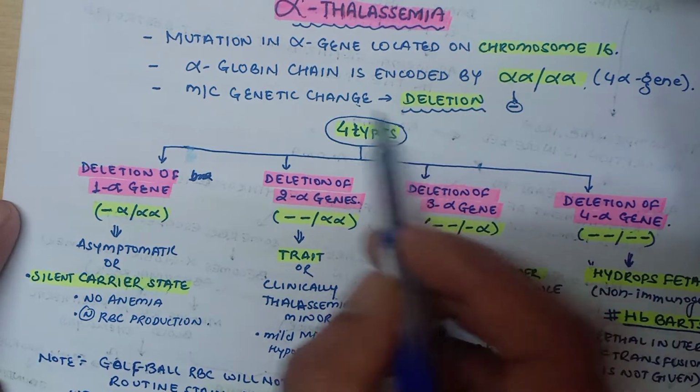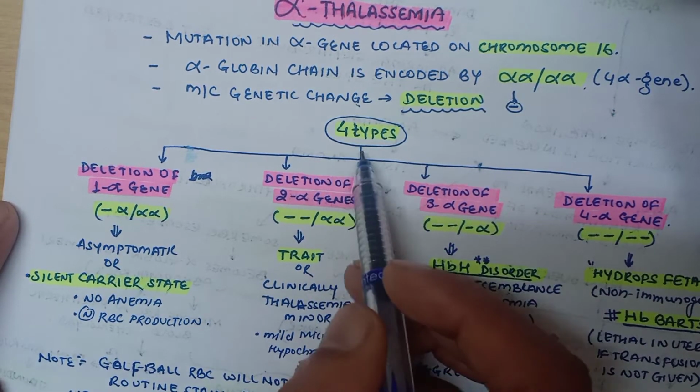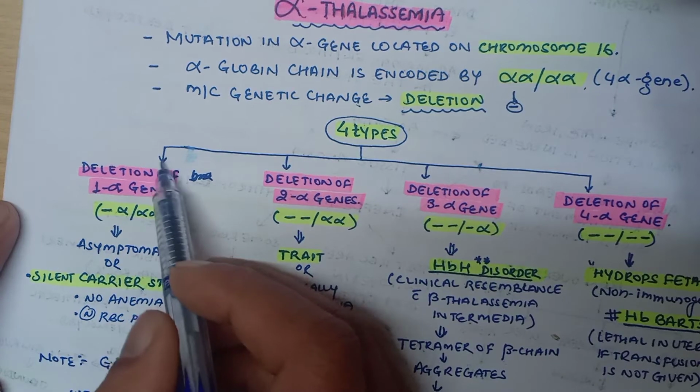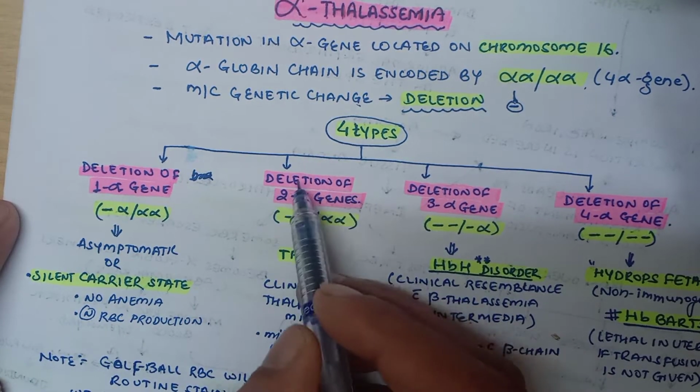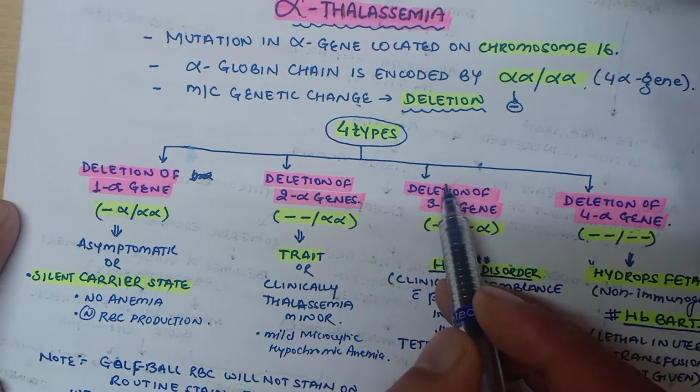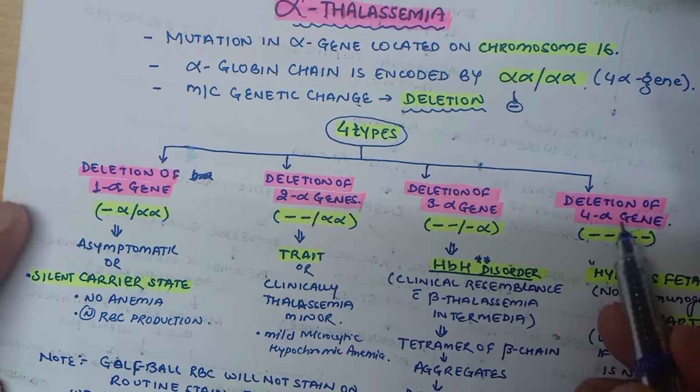So there are 4 types: deletion of 1 gene, 2 genes, 3 genes, or 4 genes.